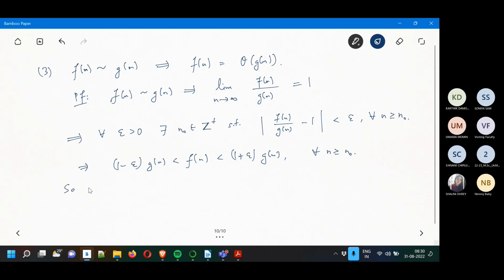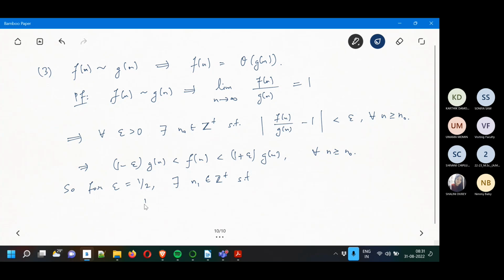Okay. So let me fix. I need constants on both sides, right? I want to prove theta. So I will take epsilon to be something less than 1, let's say 1 by 2. There is an n1 positive such that 1 minus 1 by 2 is half.